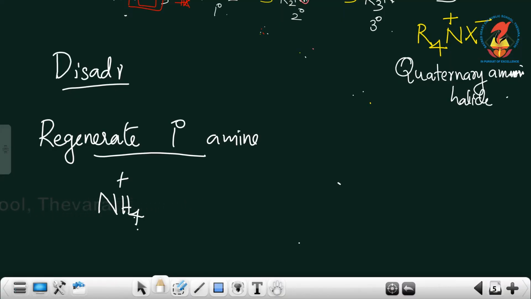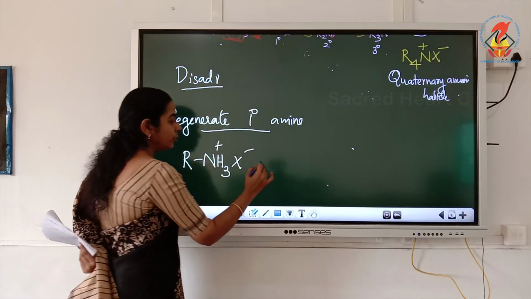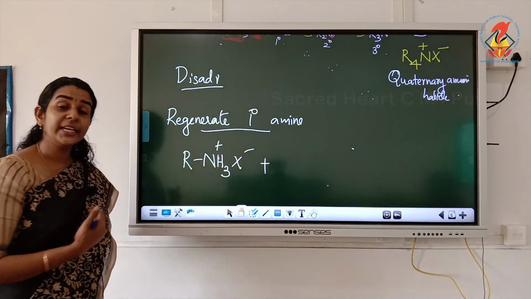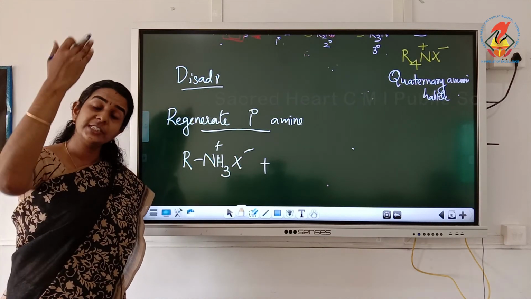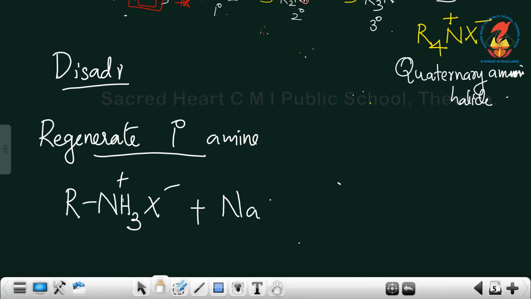From ammonium, one hydrogen is replaced by an alkyl group, so NH4 will become RNH3 plus X minus. Don't try to learn by heart. Understand the formula and study. From this we can regenerate the original primary amine by treating with a strong base like NaOH.